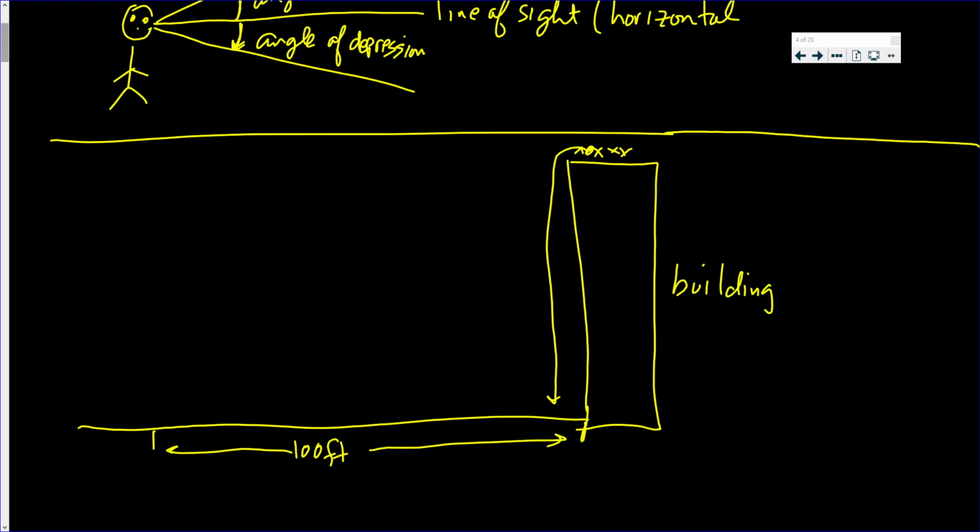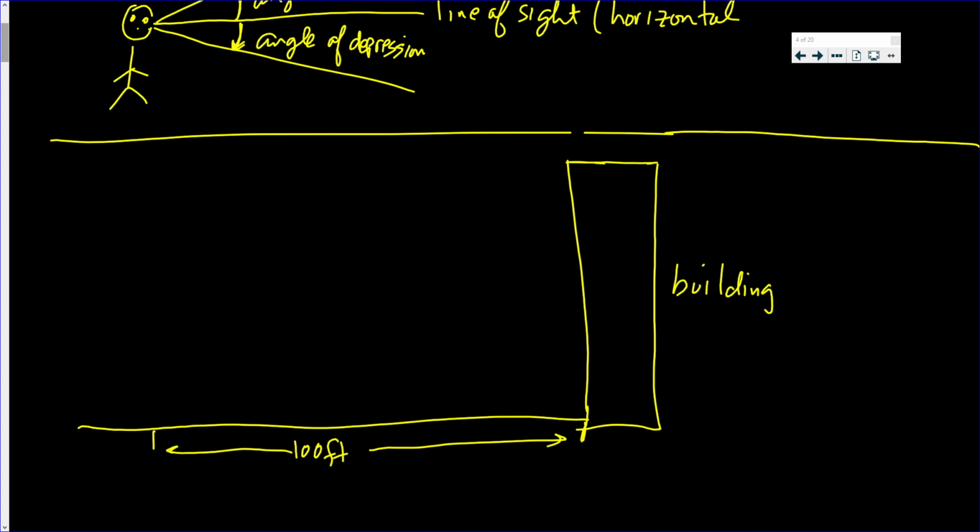Now my question would be how are you getting up on the roof if you don't have a ladder? So, maybe you borrow your neighbor's ladder and you go up to the roof and you drop the rope. Hopefully your rope is long enough, and then you measure the rope.